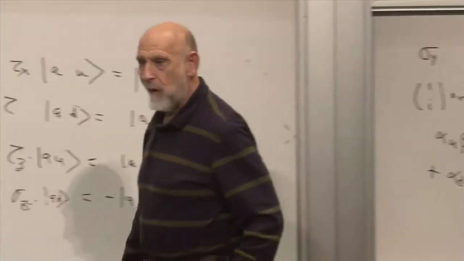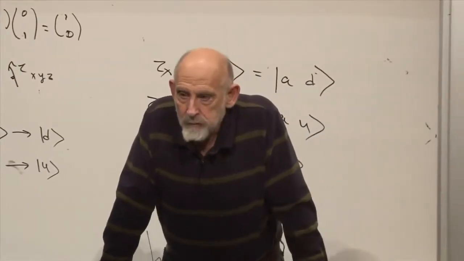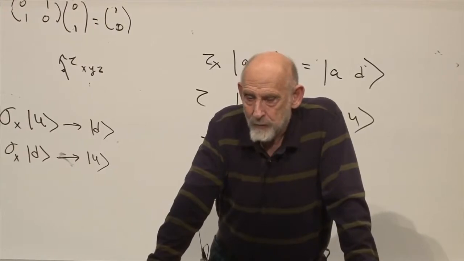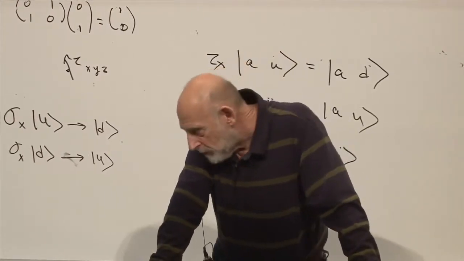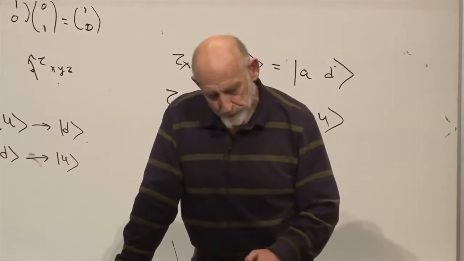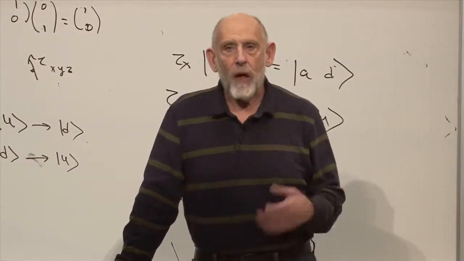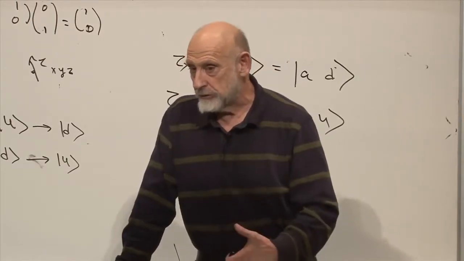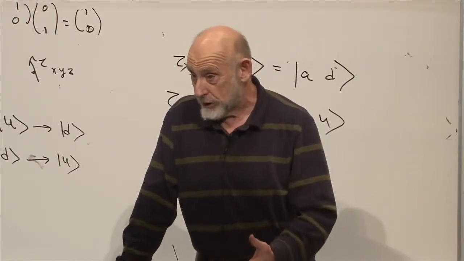That connects to my question before class: is there any physical meaning to applying an operator to a non-eigenvector? Most of the time, that's just an auxiliary operation in some calculation.